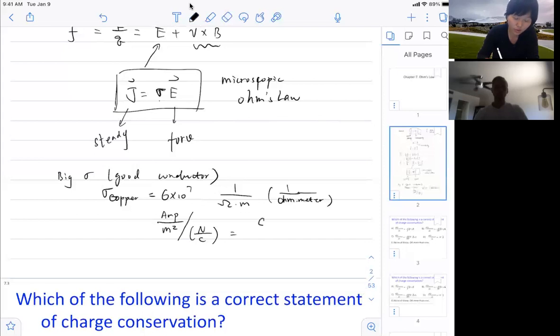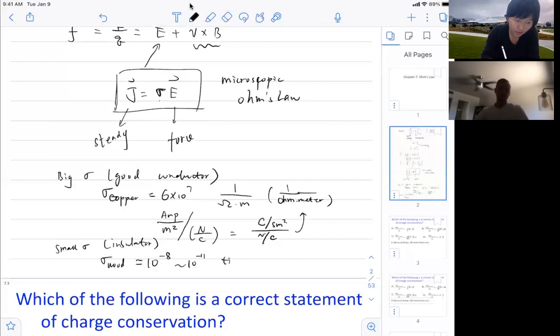So coulomb over time, meter squared, divided by newton over coulomb, you will be able to relate that to 1 over ohm meter. If you're looking at very small conductivity, like insulators, for example, the conductivity for wood is very, very small, it's tiny.